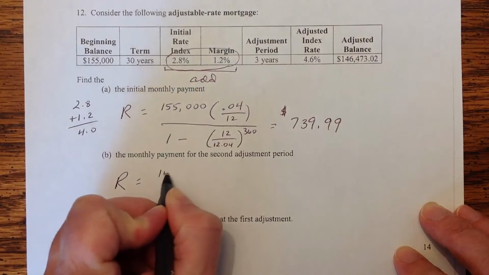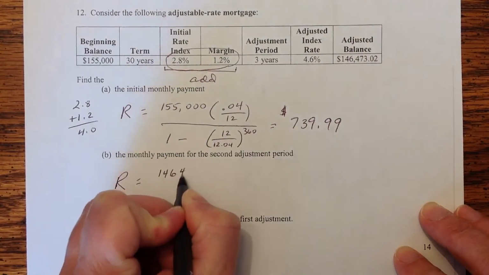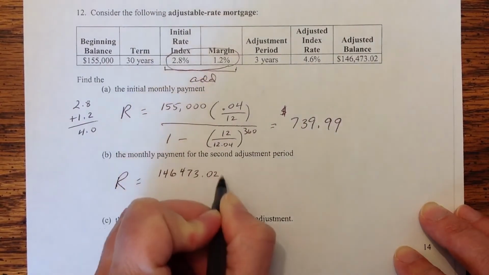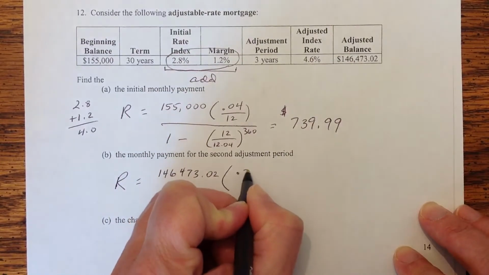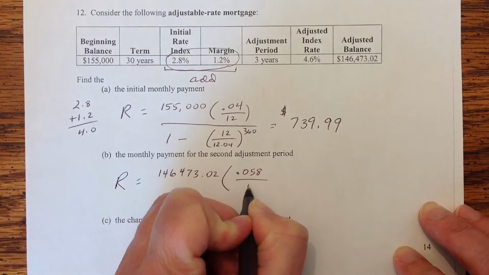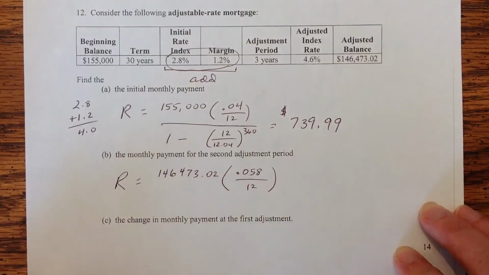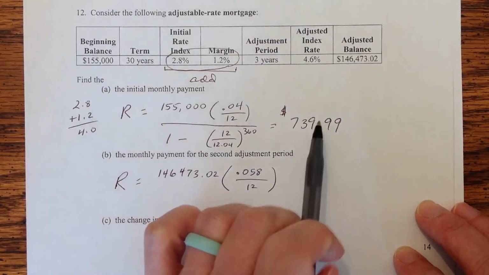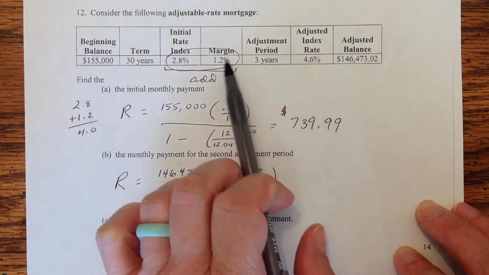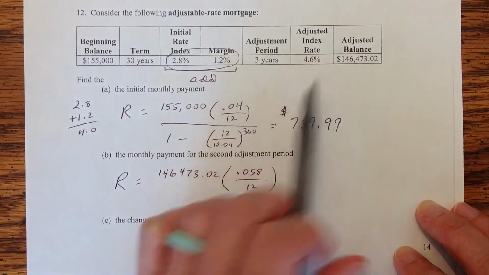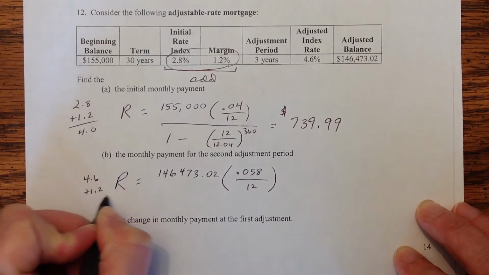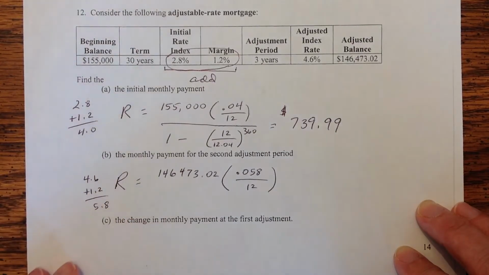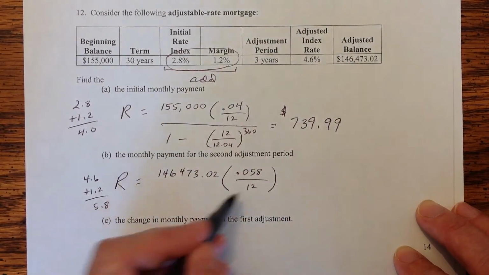So you're going to use $146,473.02. You're going to do 0.058 divided by 12. Now you might wonder, where do we get that? The rule is you always add the margin onto the index. So this is 4.6 plus 1.2, which is 5.8, which we turn into a decimal.